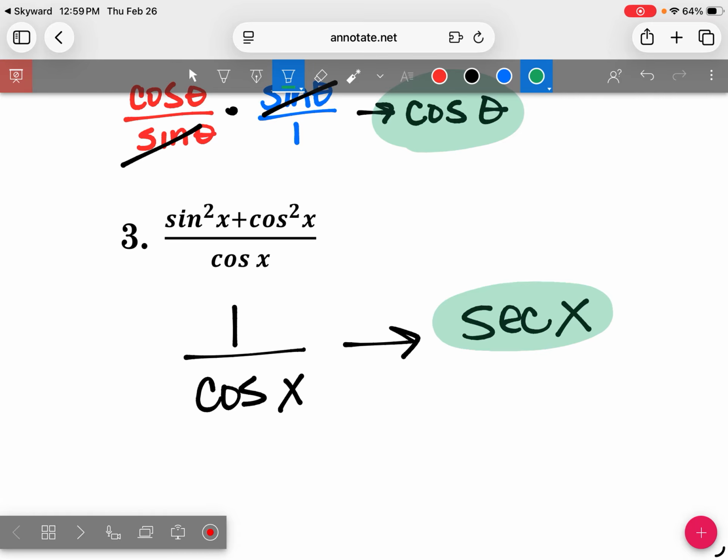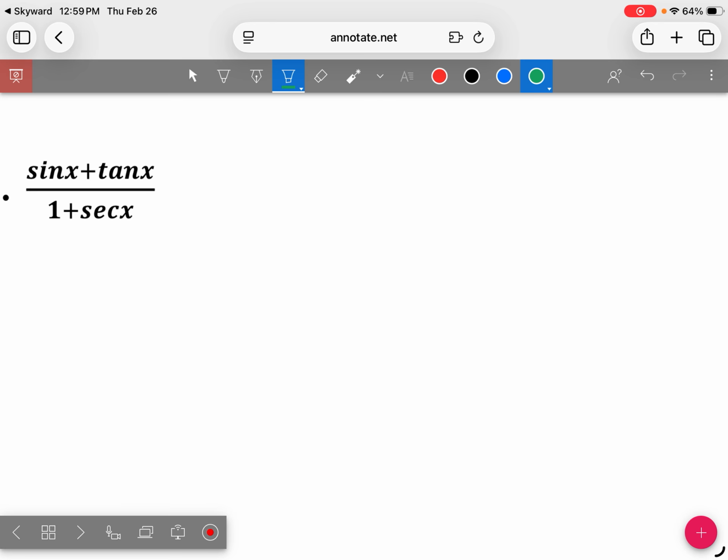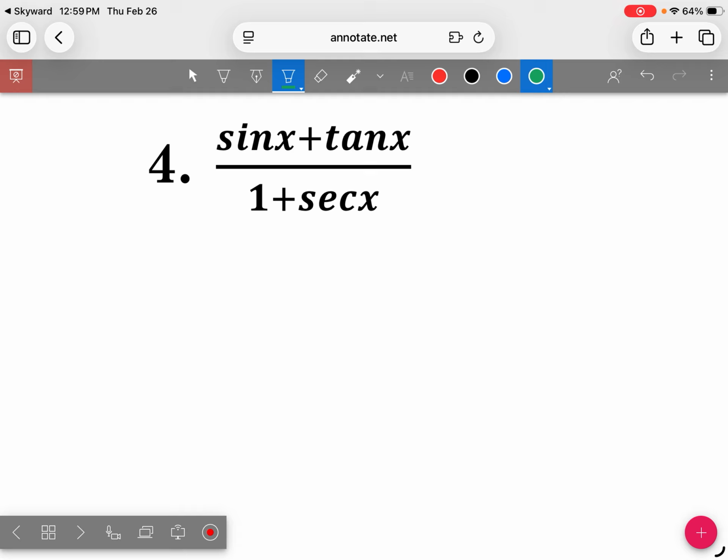All right, let's go to number 4. So we got sine x plus tangent x divided by 1 over secant x. So again, let's start off with our numerator. Let's only start with the numerator.